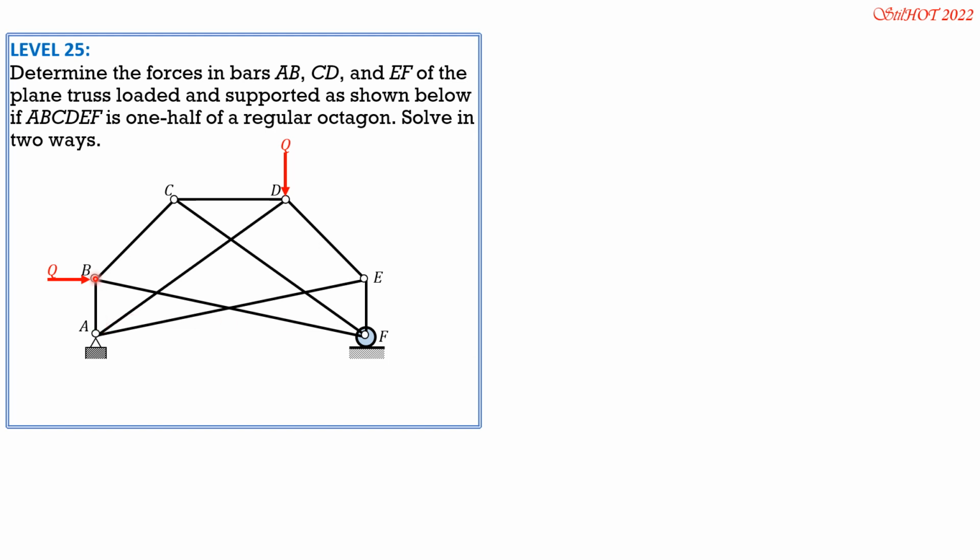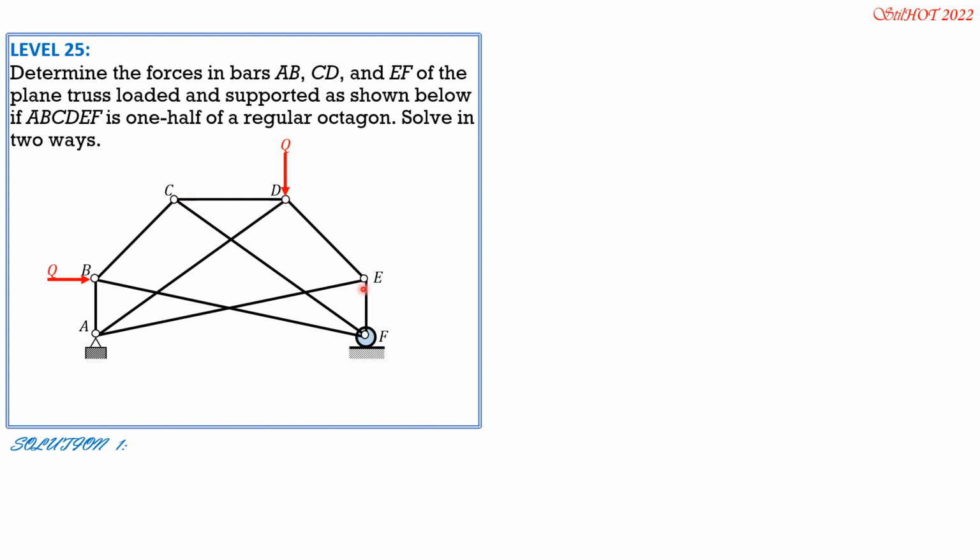Take note that this is half of a regular octagon. Remember that the sides of a regular octagon are equal, but because this is half, for simplicity, let's just assume that this is 1 meter, or 0.5 of x if you denote this as x.